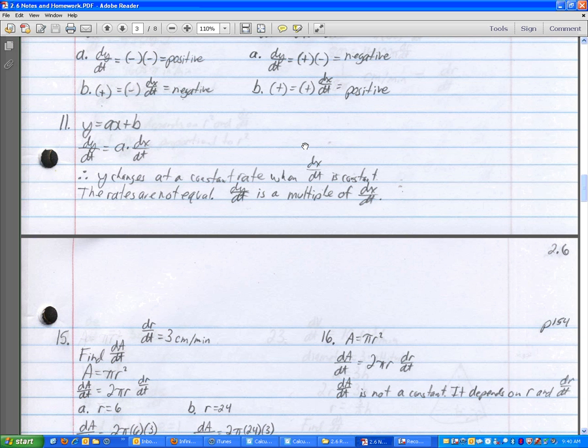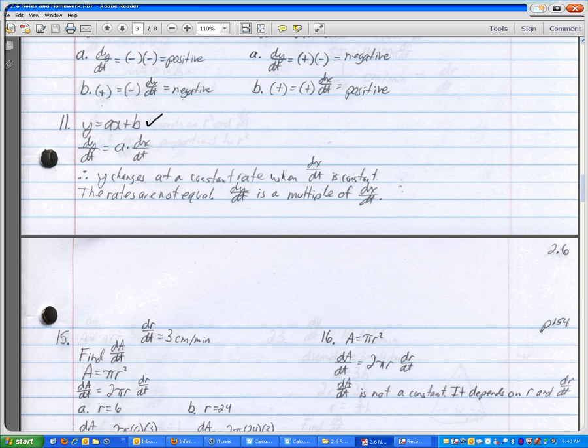All right, on 11, consider the linear function y equals ax plus b. If x changes at a constant rate, does y change at a constant rate? If so, does it change at the same rate as x? All right, y equals ax plus b. That's where we start. Does that look familiar?